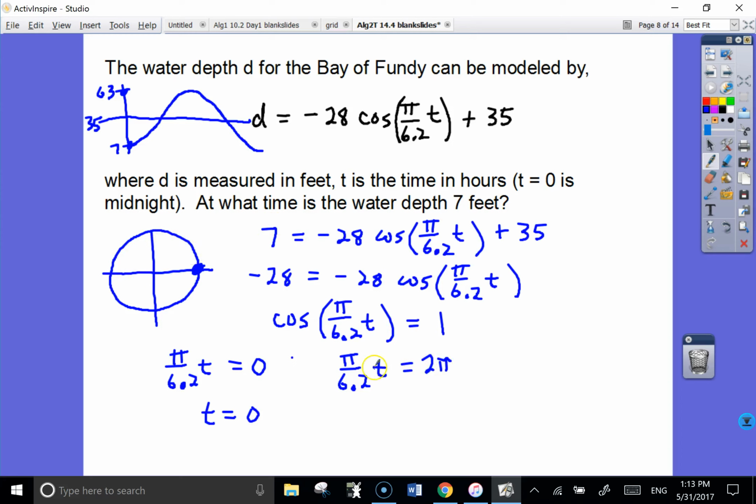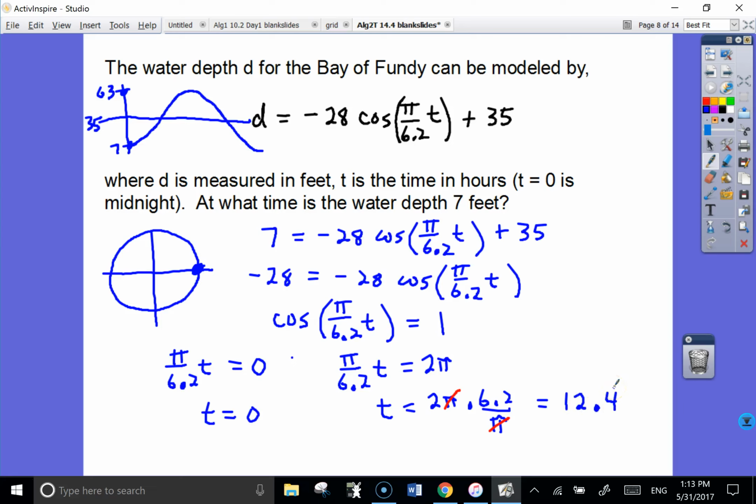So let's multiply both sides by 6.2 over pi. Then we're going to get t equals 2 pi times 6.2 over pi. I can cancel the pi's, and so t equals 12.4.